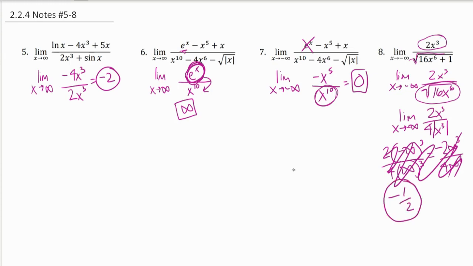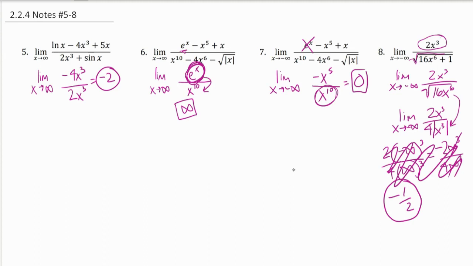So you can simplify the 1 out, because adding 1 to infinity doesn't really change the behavior. But when you're looking at this function, if you plug in negative infinity, your numerator is negative, but your denominator is still positive. If you need to, you can simplify the square root of 16x to the 6th and make that an absolute value, because again, it must be a positive number.